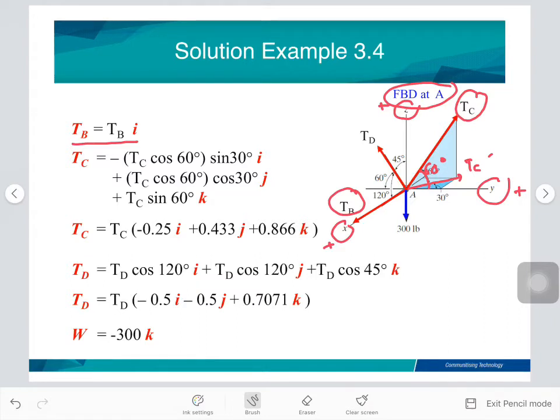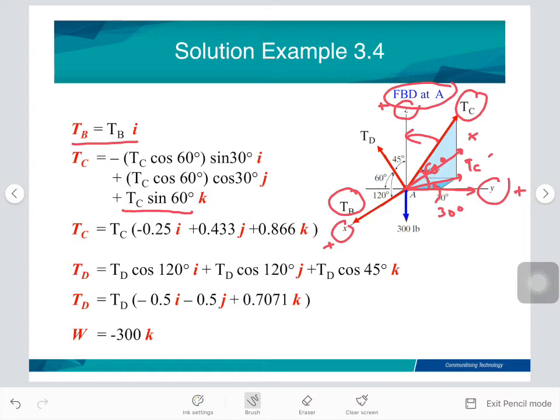So TC resolved into Z is TC sine 60 k. Now we need to resolve TC into TC prime, because we want to resolve into Y and x. This is x. Now we're going to use this 30 degree.